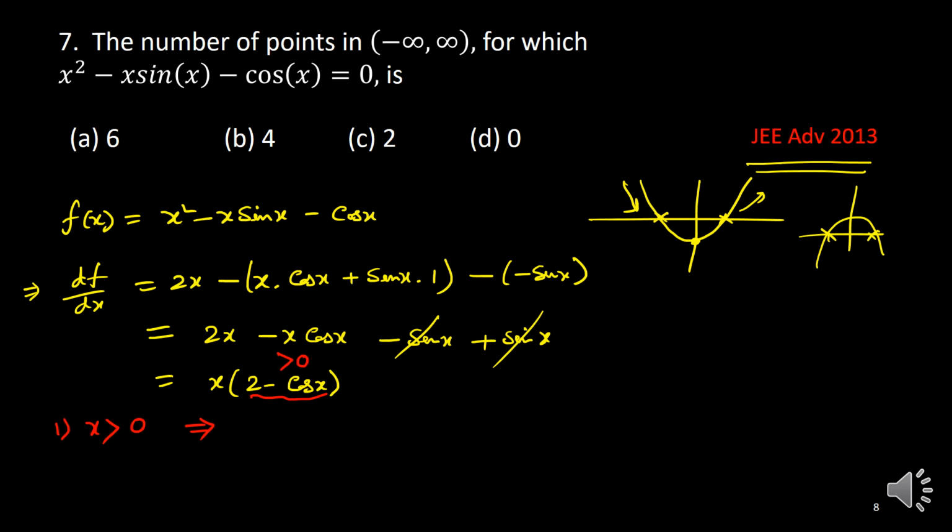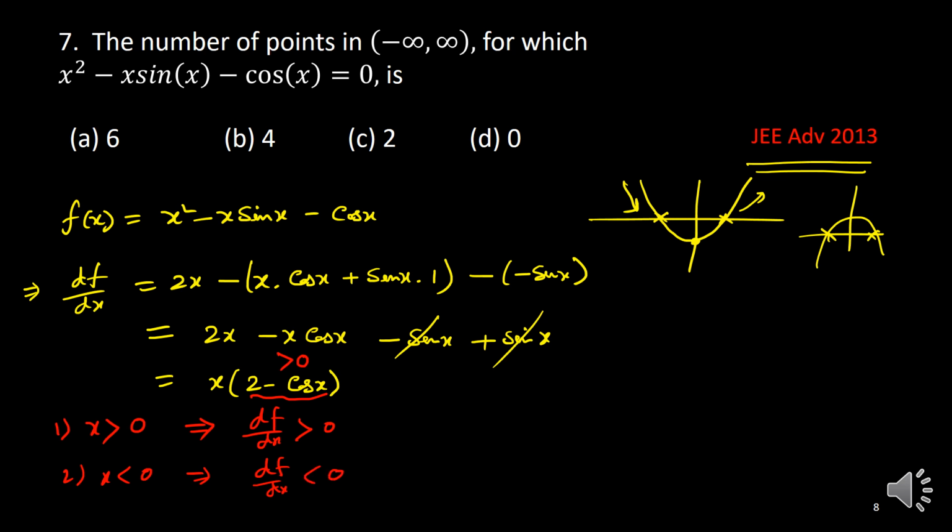So 2 is always larger than cos, +1. So this value 2 minus cos x is always more than 0. So df dx sign depends only on x. So if x is positive, then df dx is positive, and second case, if x is negative, that implies df dx is negative.